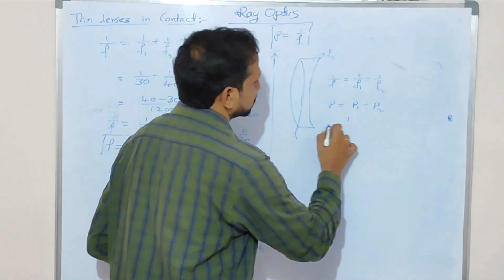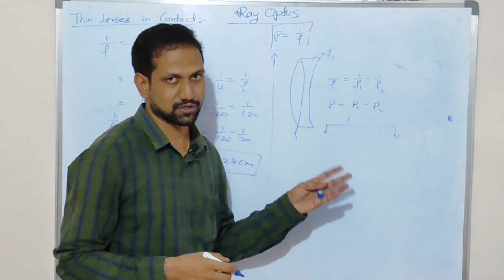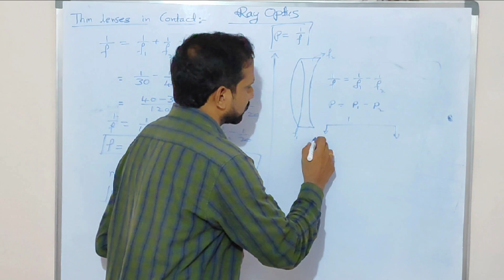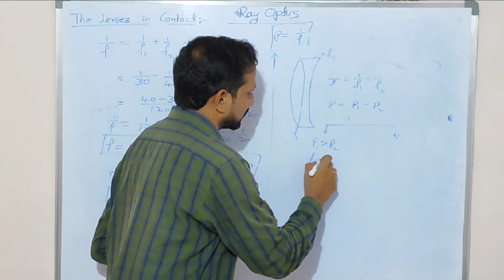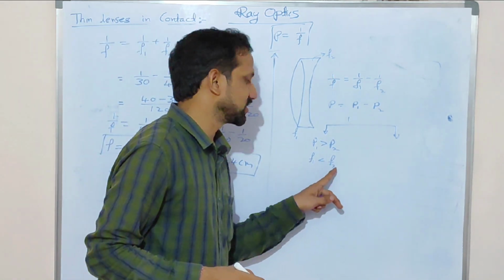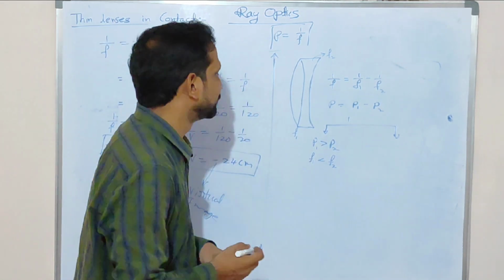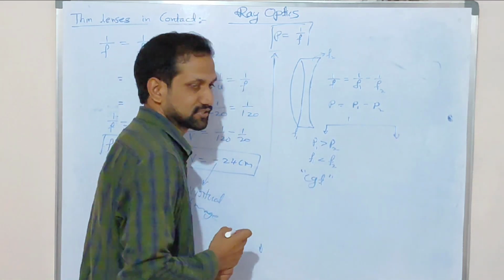Now we can have the conditions here, whether the system will behave as a convergent lens or a divergent lens. If P1 is greater than P2, or f1 is less than f2, I mean the convergent lens focal length is less than the divergent lens focal length, then the system will behave as a convergent lens.